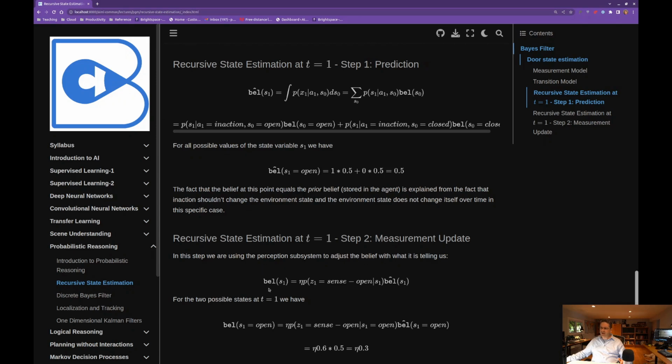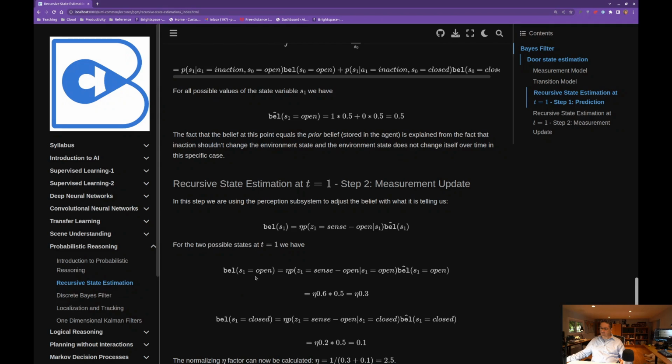Here is the general equation for the posterior belief about the state S1. S1 evidently will still be binary, either open or closed. This is the general equation, and we apply it for both options of the state S1, both open and closed. In that case, we have the normalizing factor, eta.